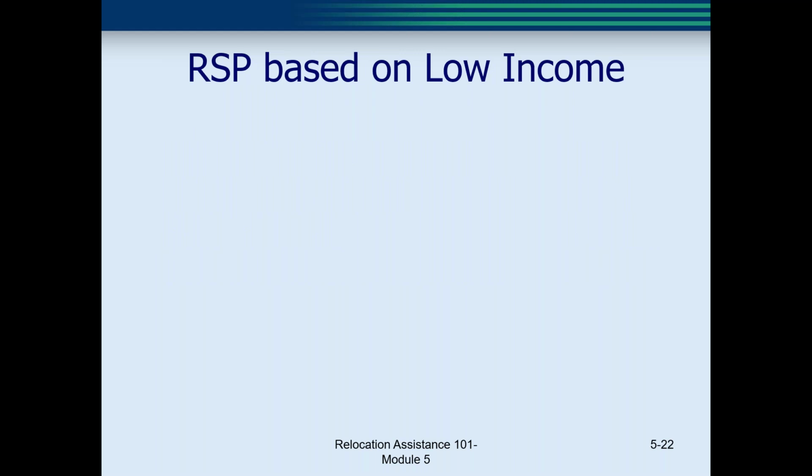Okay, so now let's look at what happens if maybe they become low income. So let's assume that the Hillmans' average monthly gross household income is now only $3,500 a month.